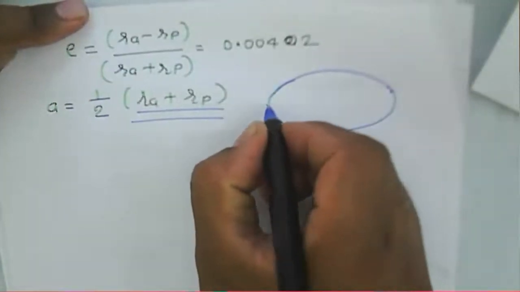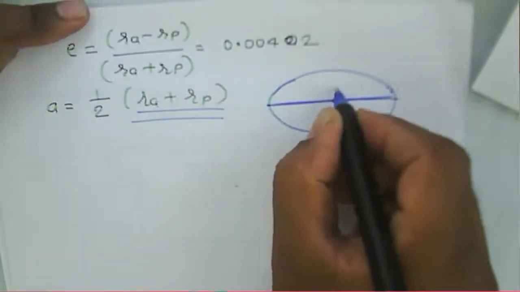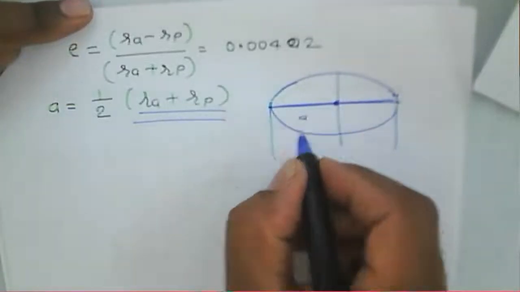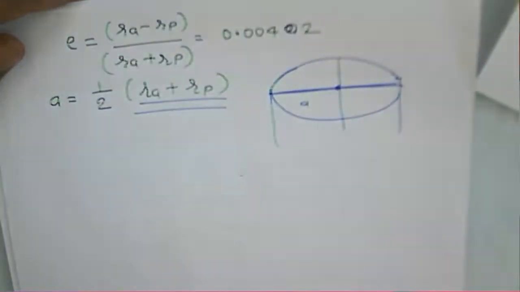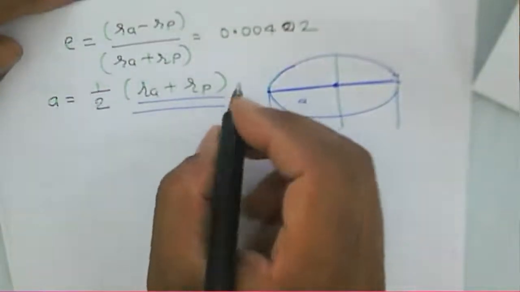For a given ellipse, this one is its semi-major axis. Here we have a center and this becomes the semi-major axis. This A we have to calculate. So A is equal to 1 by 2 of RA plus RP.